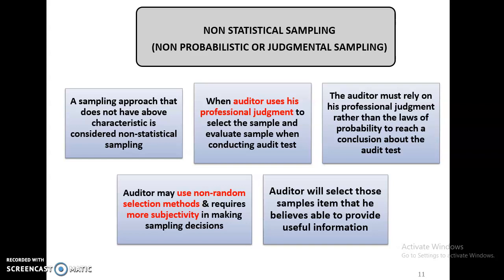But then again, in the court, they will actually require another person to testify on why they chose a certain sample, to prove that another auditor will do the same thing to come to the conclusion.